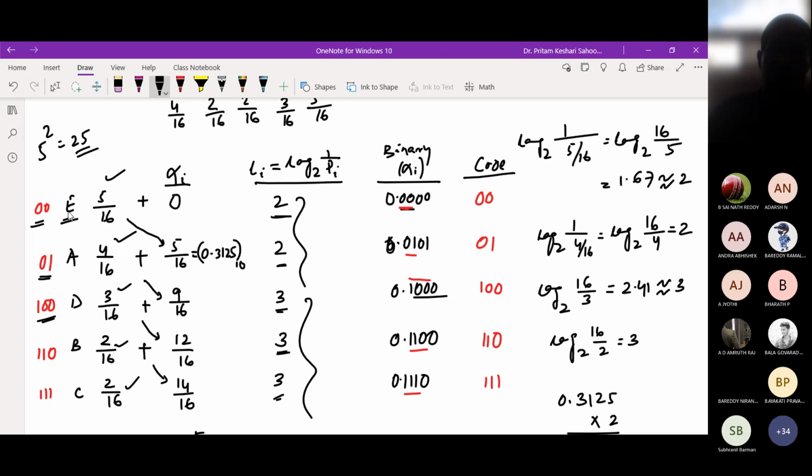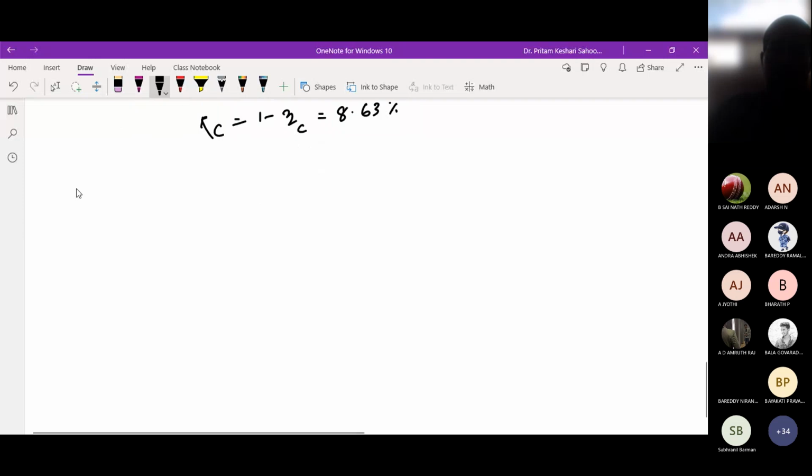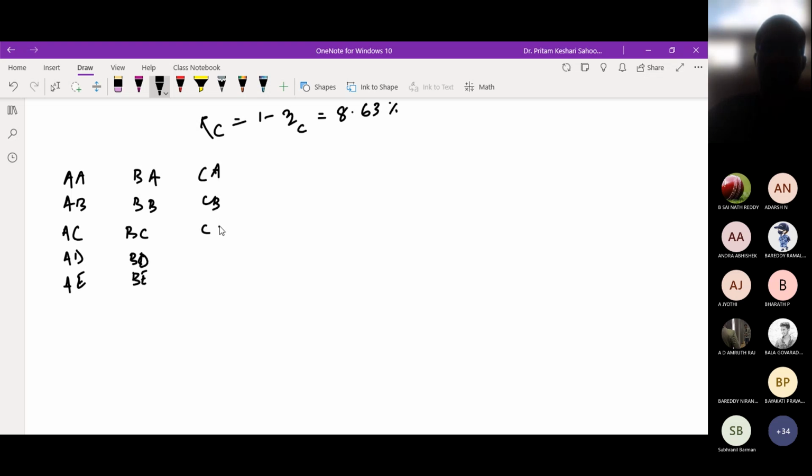So what are those symbols? One symbol we can write as AA, AB, AC, AD, AE. Next one is BA, BB, BC, BD, BE. Then CA, CB, CC, CD, CE.